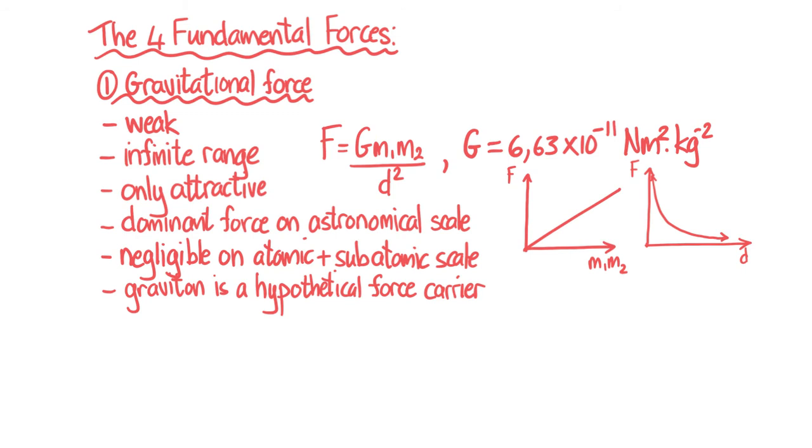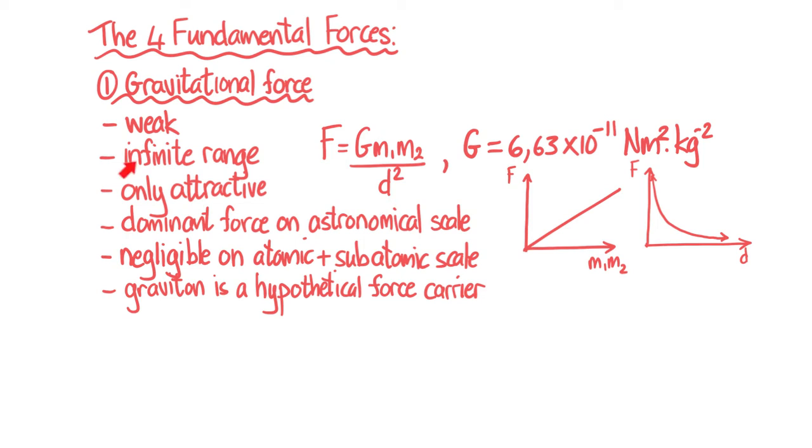Looking at the 4 fundamental forces in a little bit more detail, the gravitational force, which you learn about in grade 11, can be described according to Newton's model as the force equals the universal gravitational constant, which is 6.63 times 10 to the minus 11 N·m²/kg², times the mass of the one particle times the mass of the other particle, divided by the distance squared.